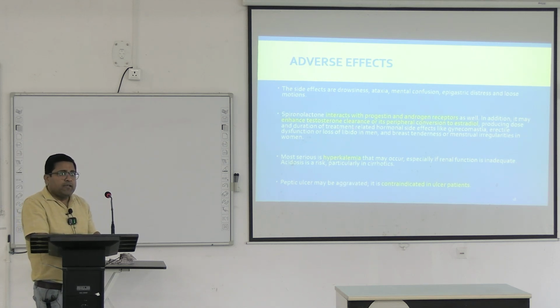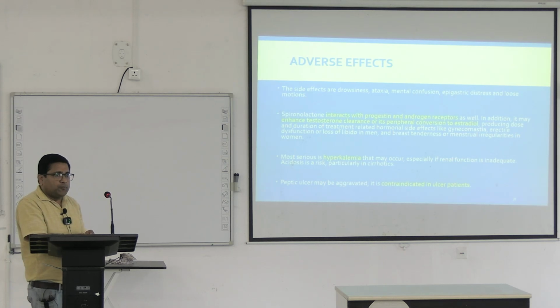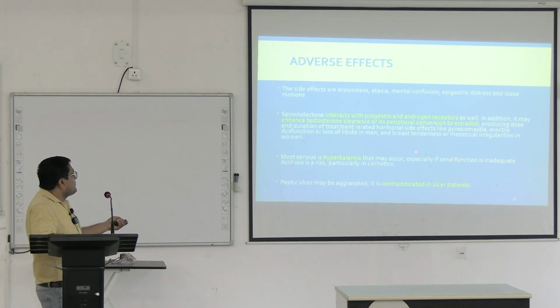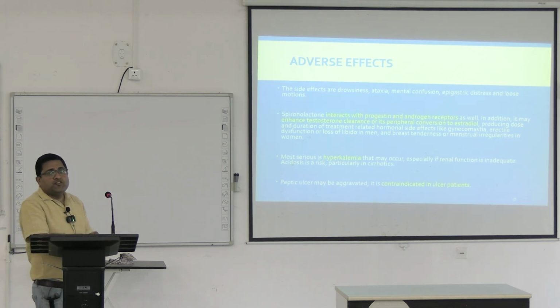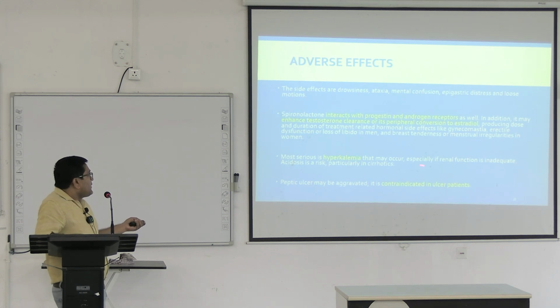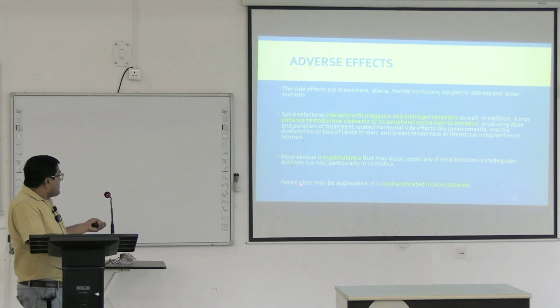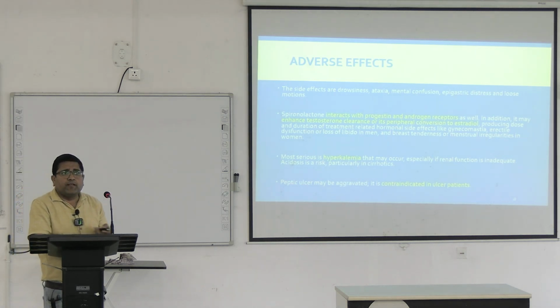So what may happen in men is hormonal side effects like gynecomastia, erectile dysfunction, loss of libido. In females, it can cause breast tenderness or menstrual irregularities. Most serious among the side effects is hyperkalemia, especially if renal function is inadequate. Peptic ulcer may be aggravated, so it is contraindicated in peptic ulcer patients.